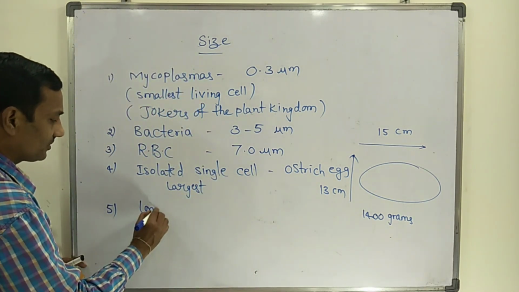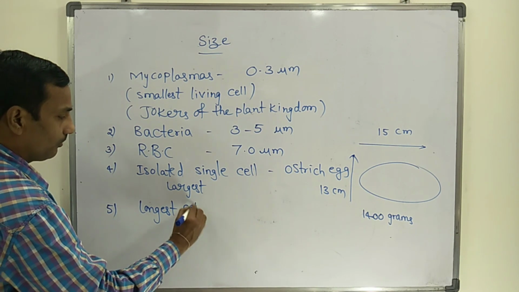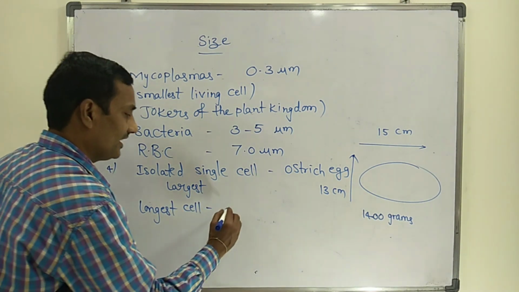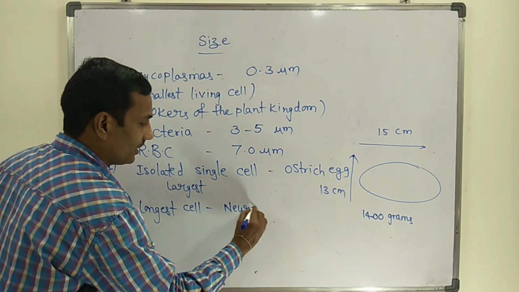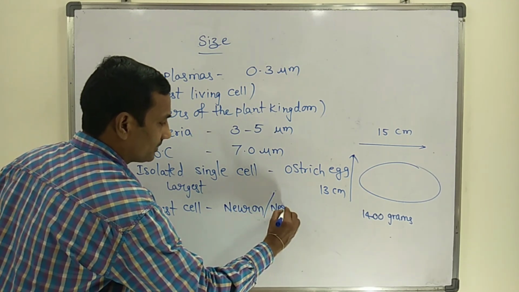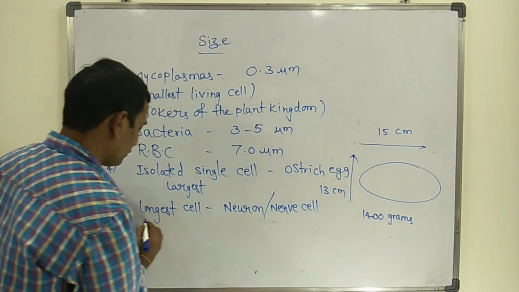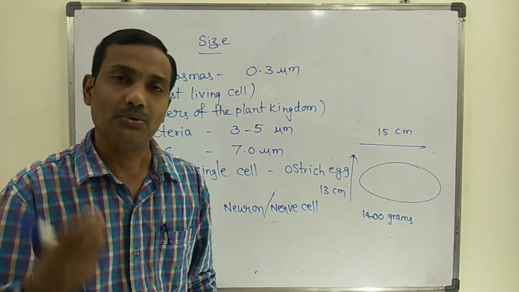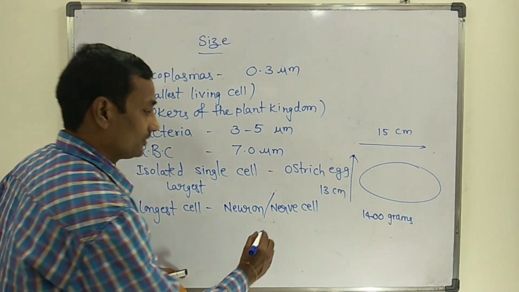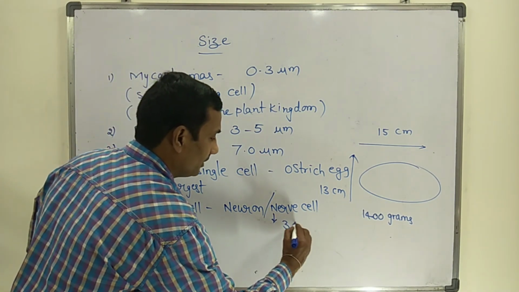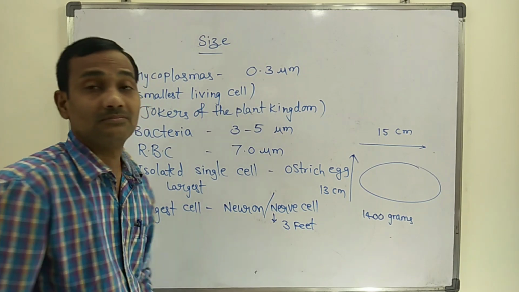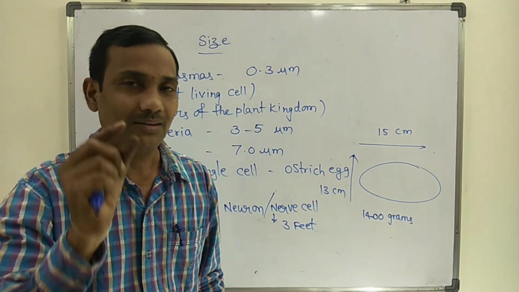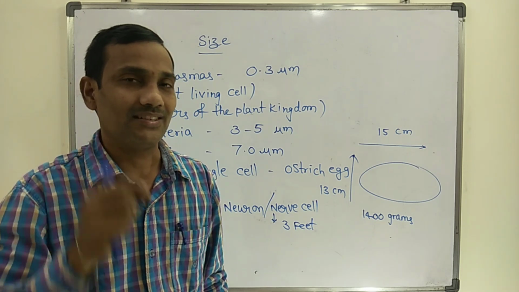Next, the longest cell in our body, in animals' bodies, is the neuron, otherwise known as the nerve cell. The maximum length of the neuron is 3 feet. But in the exam, depending upon the type of question, you have to answer.